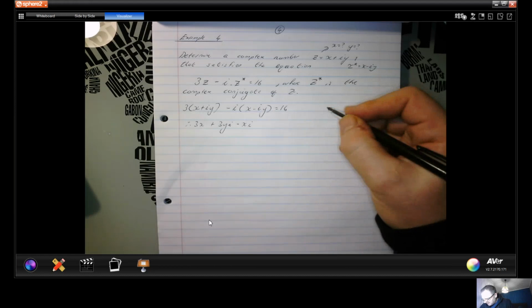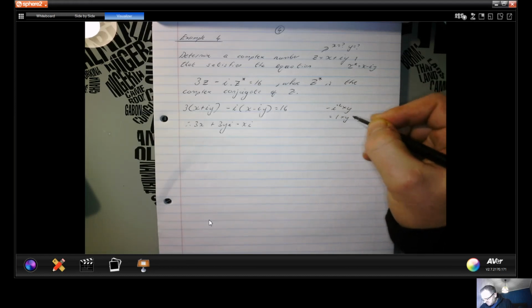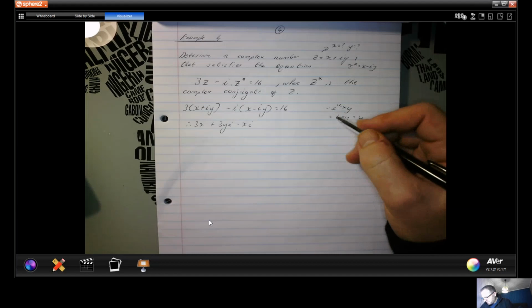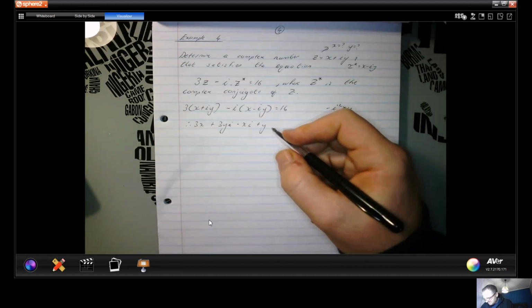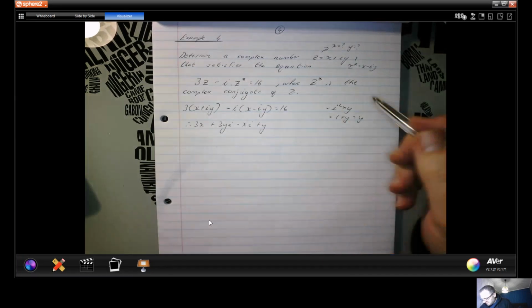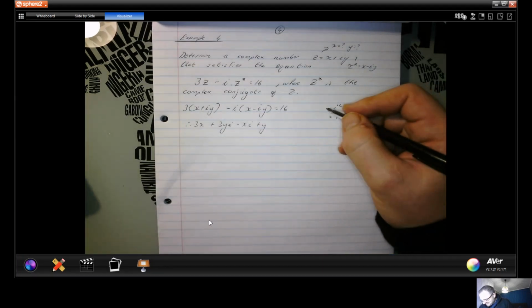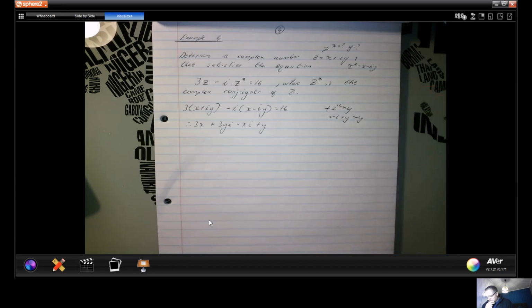Minus i times minus iy is going to be plus i squared y. i squared is negative 1, so it's negative 1 times y, which is negative y.